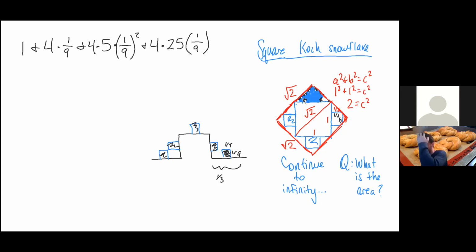And the area of each square would have been, here, let me write this a little differently. It would have been, did I write that correctly before? Yeah, I think it's 1/9 to the 4th power. Okay, dot, dot, dot, we continue to infinity. Hopefully that's correct. I think it is.